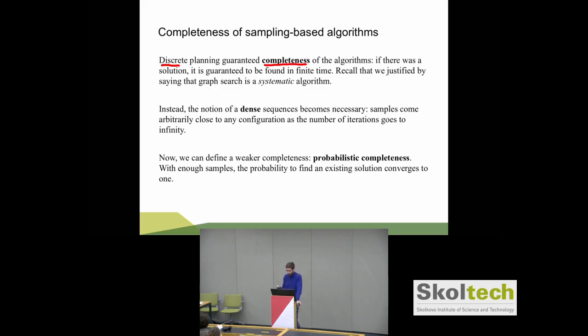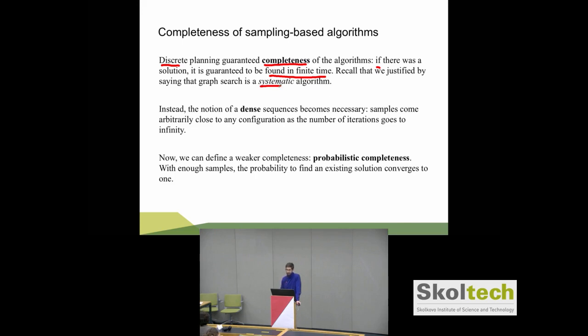So this was a very strong guarantee. We don't have this now, but this was something very good because if there was a solution, it was guaranteed to be found in finite time, right? So this is what we justify by saying that this is a systematic search. We just go over all the states and eventually if there's a solution, we'll find one.